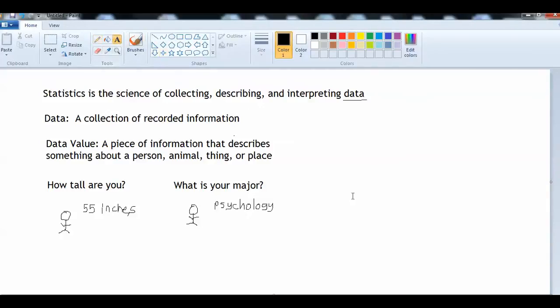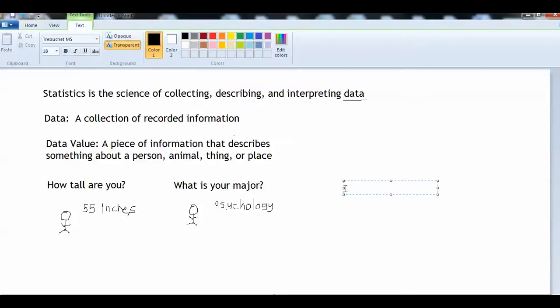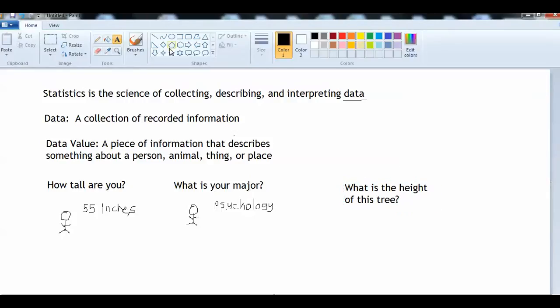What if we recorded the height of a tree? So I'll try to draw a tree. And we find out that the tree is, I'm not sure what the height would be.